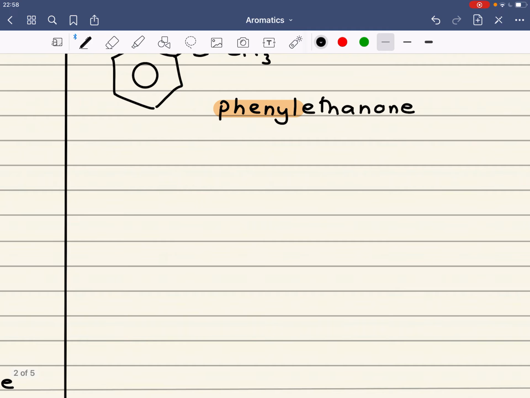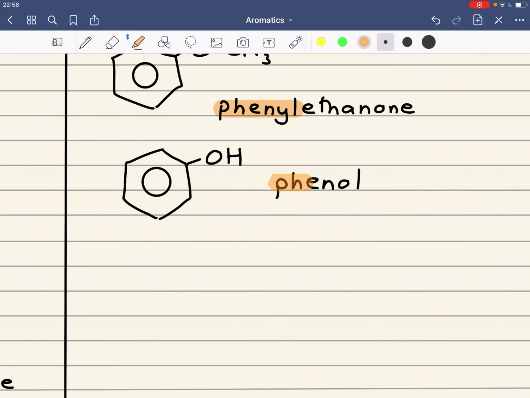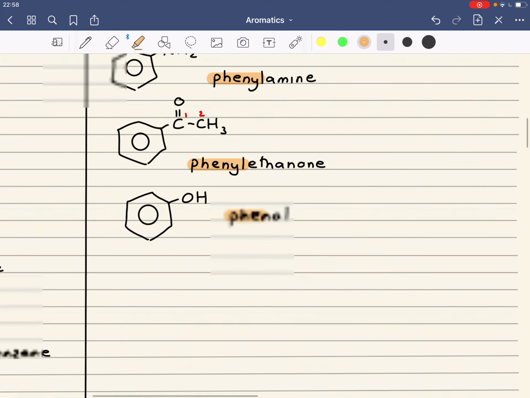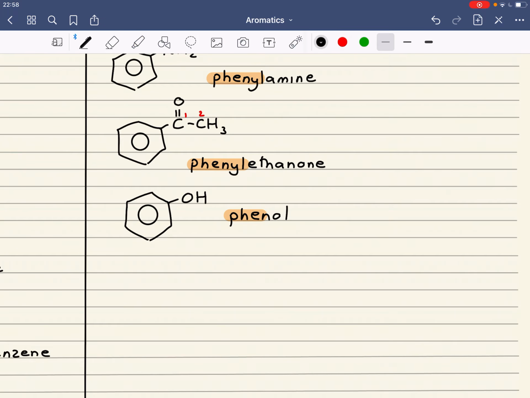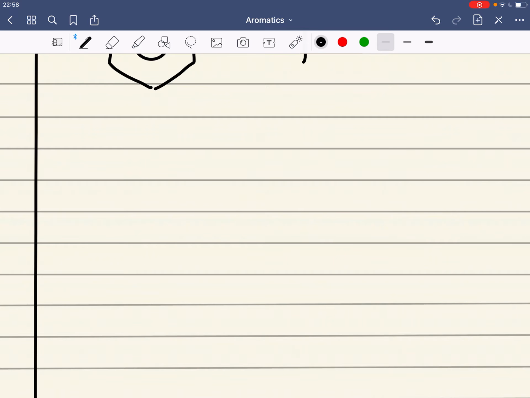Other examples would include, and this molecule is actually not called a phenyl, because if I've got an OH, we don't call that a phenylol. This is actually simply called phenol. It's unlikely to be asked to name that molecule though. Now there is an exception, as there always seems to be in chemistry.